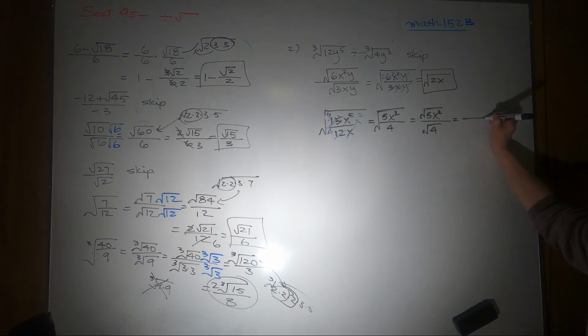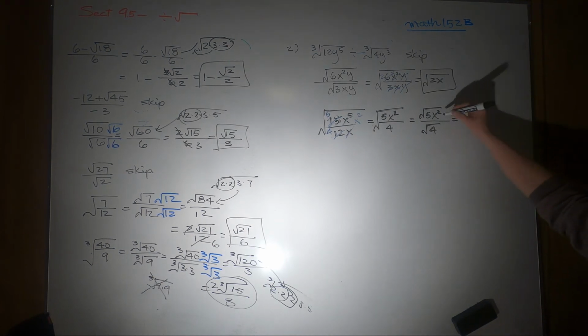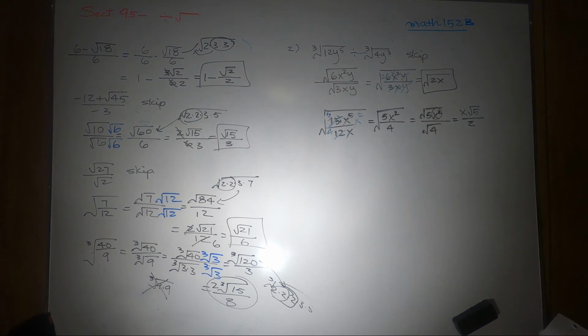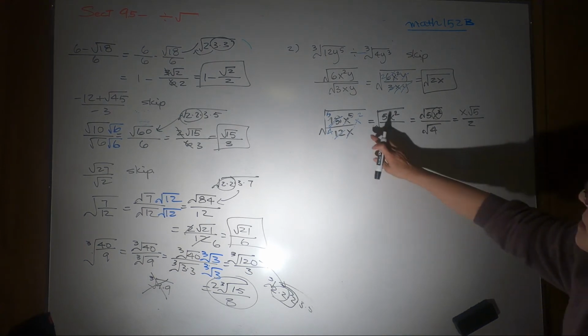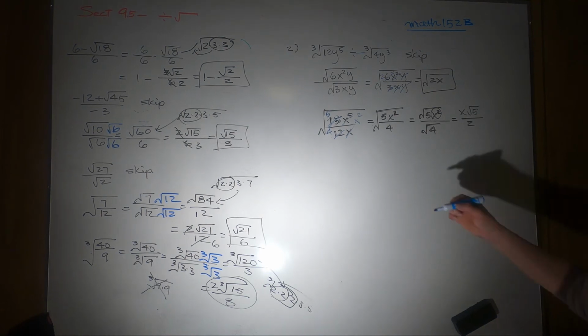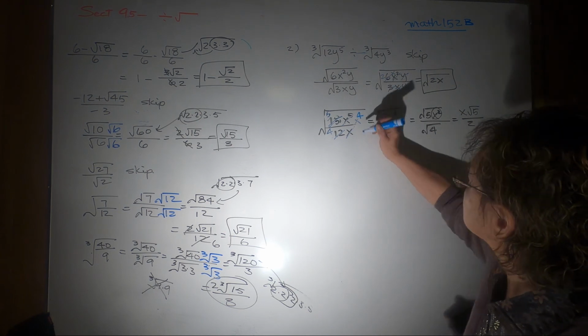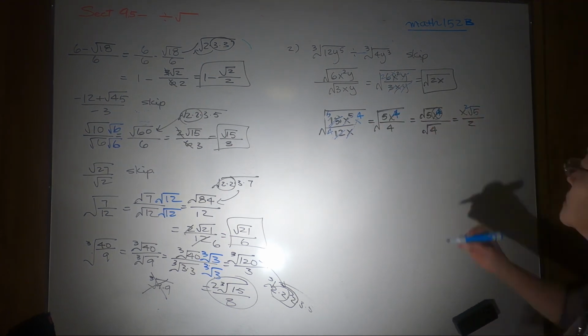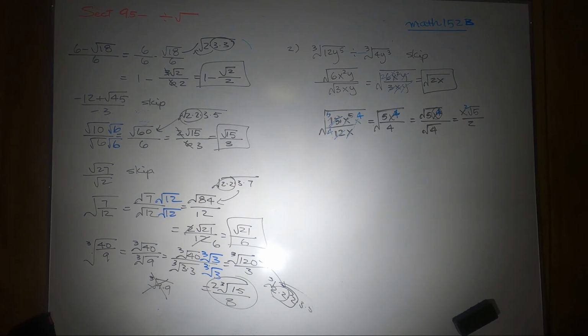So square root of 4 is just 2. Then this one, x squared is a twin. You take them out. So you have a square root of 5 left. Wait. Oh, man. I was checking my marker. It's not right. So that's 4. That's 4. So I should have a square here. Right?